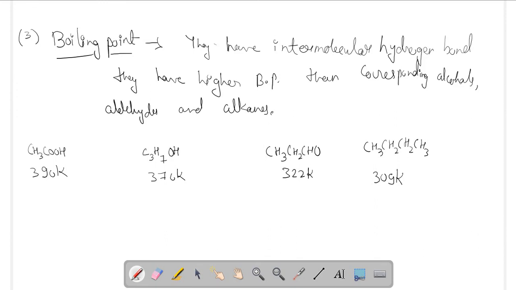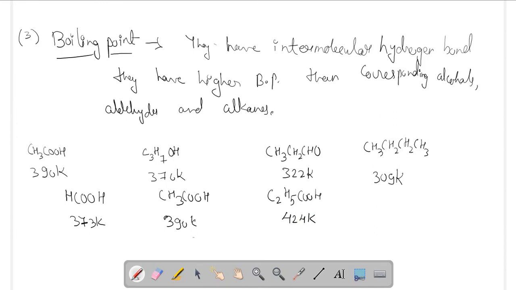Also, if you are comparing HCOOH, that is formic acid, it has a boiling point of 373 Kelvin. For acetic acid it is 390 Kelvin. For propanoic acid it will be 424 Kelvin.